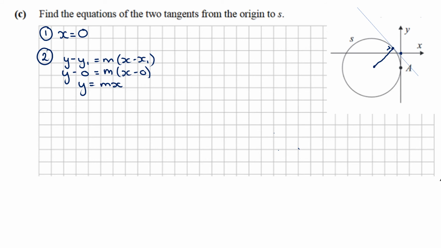Going back to the radius which we drew from the center to the point where the tangent touches the circle, we know that that distance there should be equal to the radius. We know that the radius is equal to 4. So if we work with this equation, I'm going to write it in the form mx minus y plus 0 equals 0, because we're going to work with the perpendicular distance formula, and it is given as ax plus by plus c equals 0.